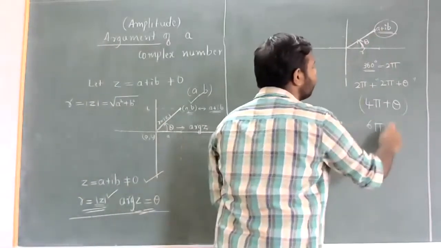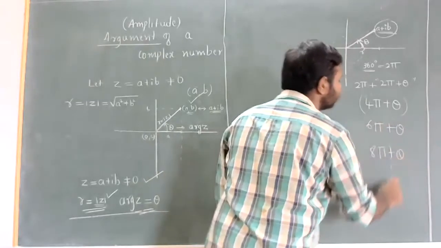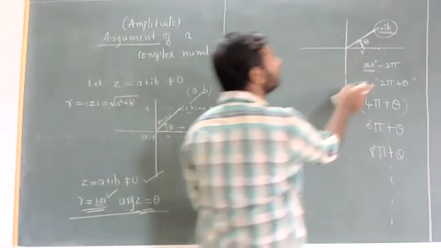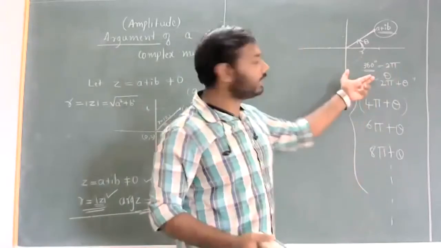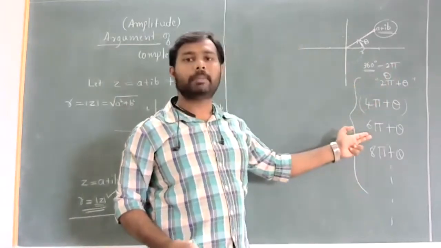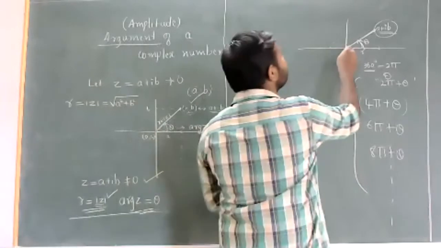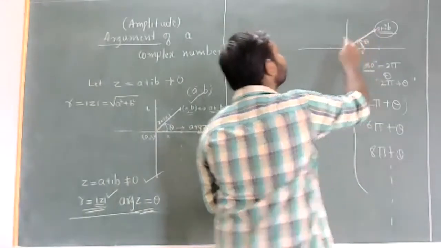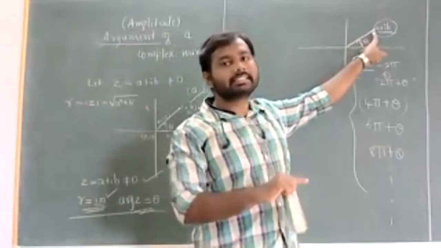Again, we can repeat this: 6 pi plus theta, 8 pi plus theta, and so on. So all these angles, theta, 2 pi plus theta, 4 pi plus theta, 6 pi plus theta, and so on, are showing that this line is subtended at the same position.